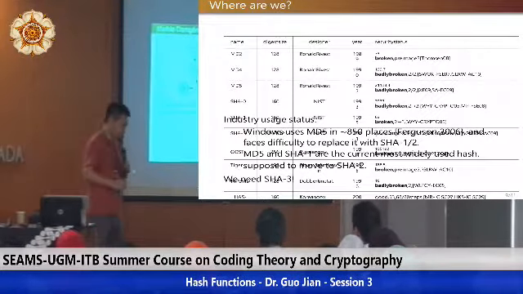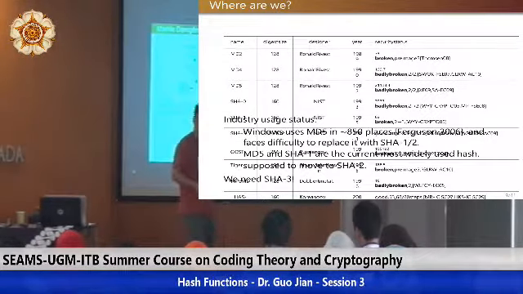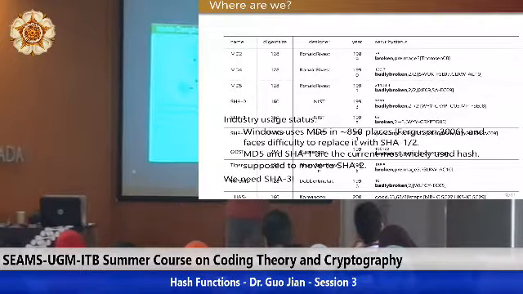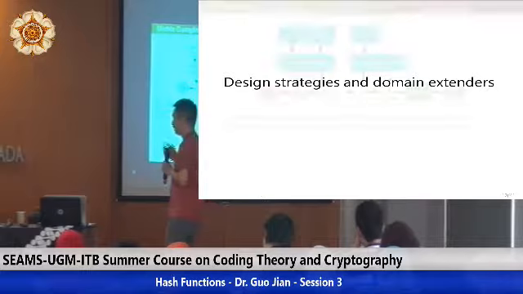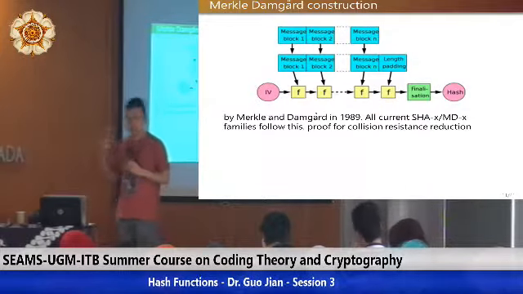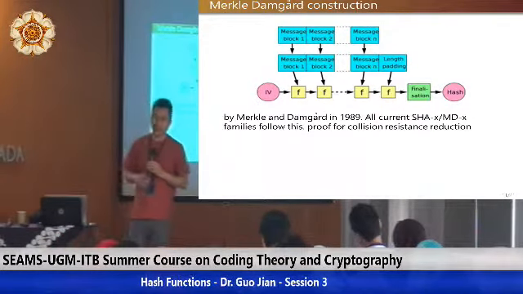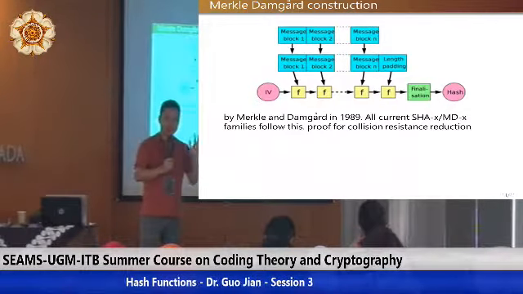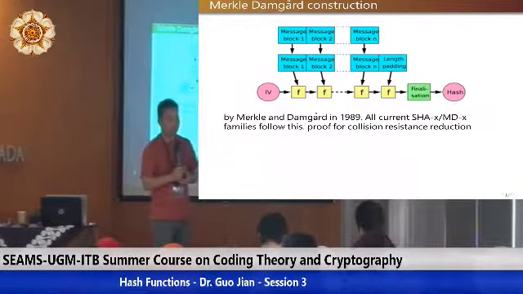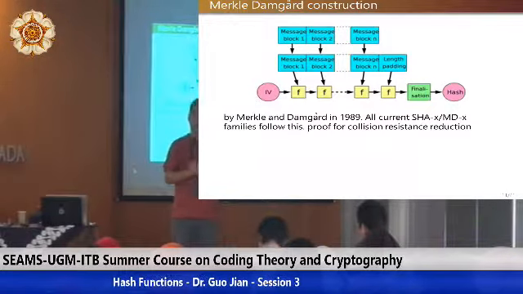So if you need a new hash function, the first question is where do we start? We start with the compression function and domain extension. As I showed just now, by the definition of a hash function, it should accept an arbitrary length string.